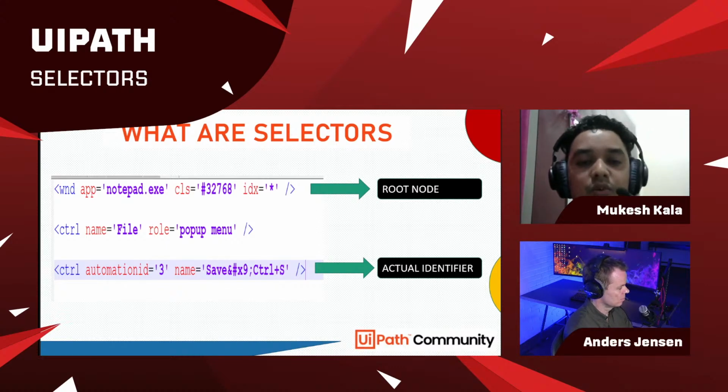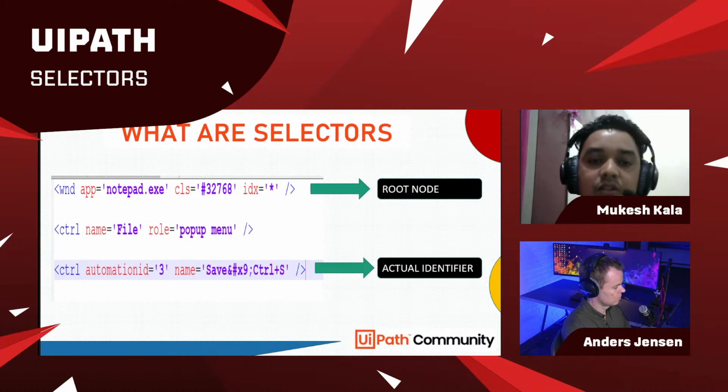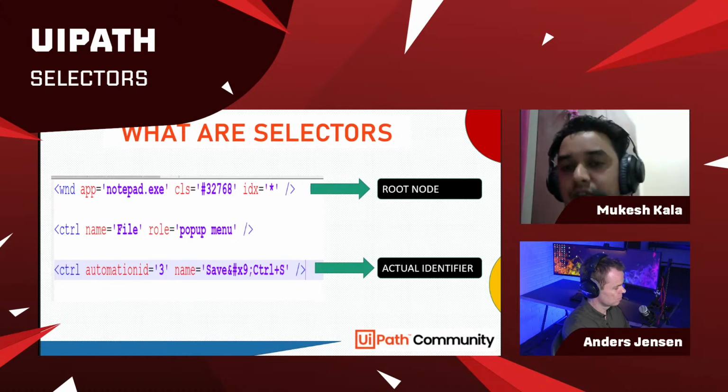If I have to do an open, it would be Ctrl+O and the name would be Open. So the last line of the selector decides where the robot is going to perform the operation. Remember, selectors are made up of XML fragments. The top node is called the root node and the last one is called the actual identifier.